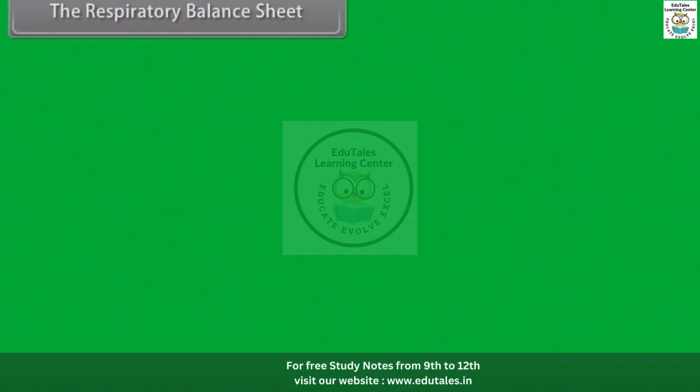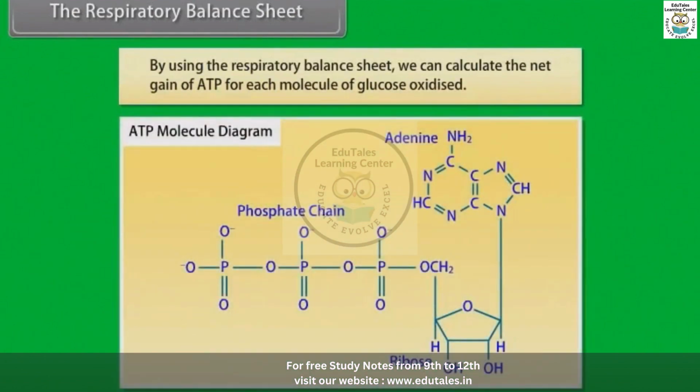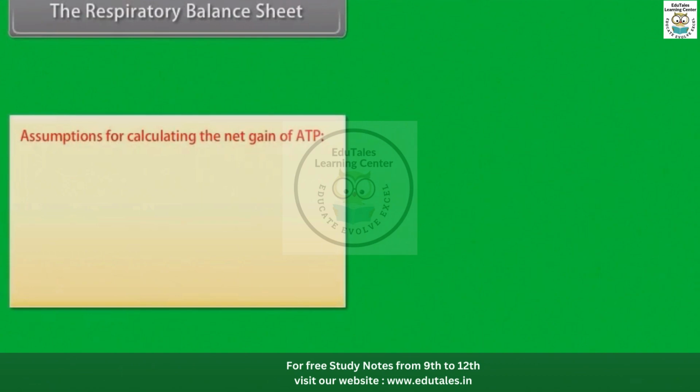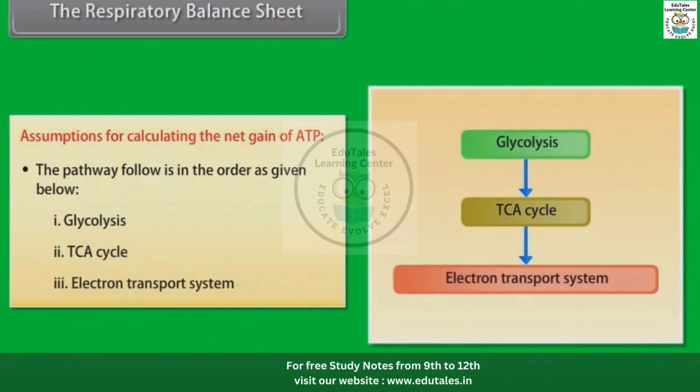The respiratory balance sheet. By using the respiratory balance sheet, we can calculate the net gain of ATP for each molecule of glucose oxidized. Assumptions for calculating the net gain of ATP: the pathway followed is in the order given below: glycolysis, TCA cycle, and electron transport system.